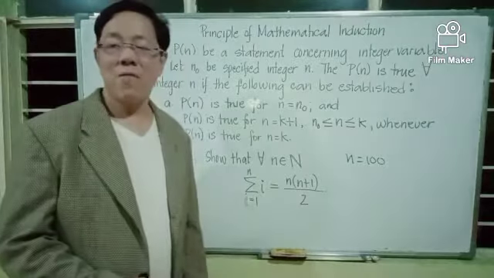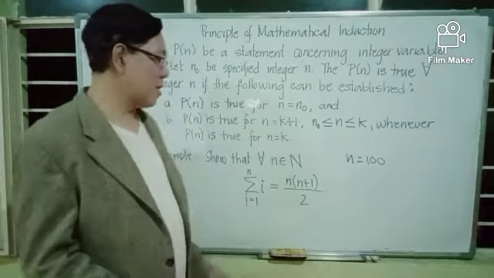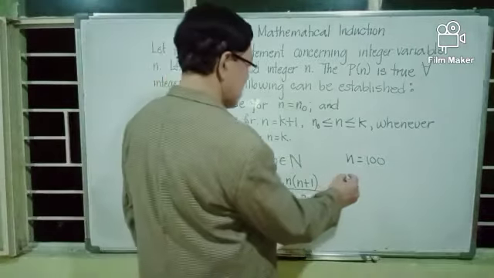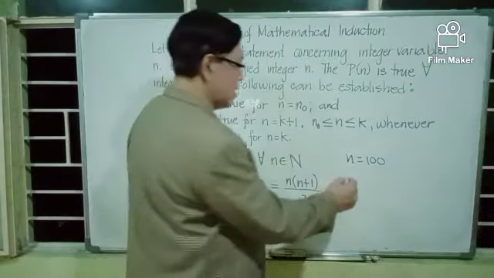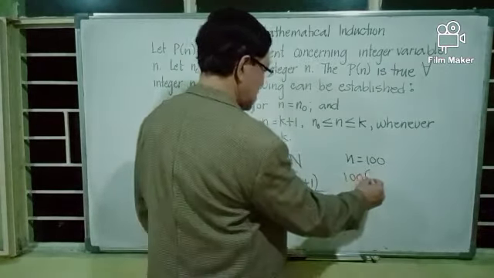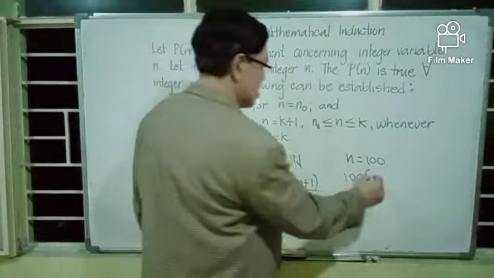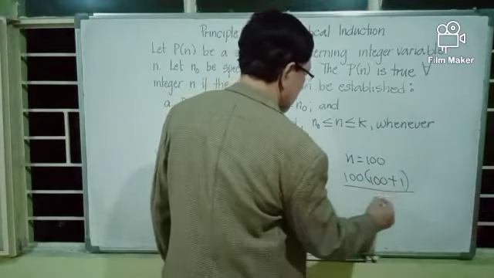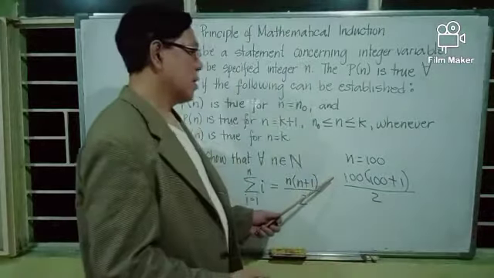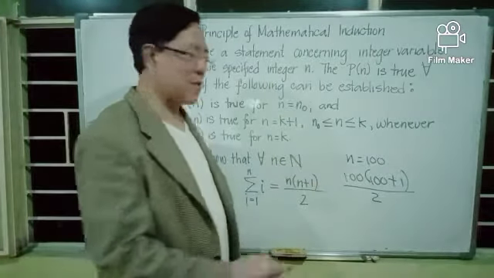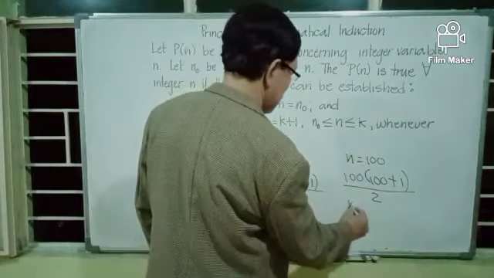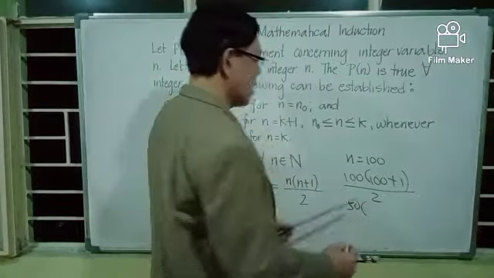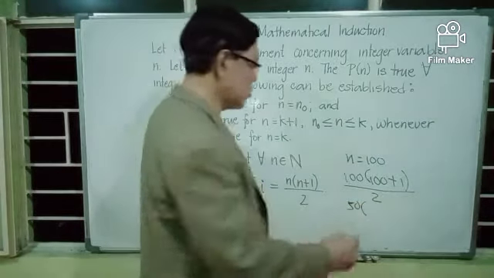The sum of the integers from 1 to 100 is equal to n, 100, multiplied by 100 plus 1, divided by 2. And 100 divided by 2 is 50. And 100 plus 1 is 101.